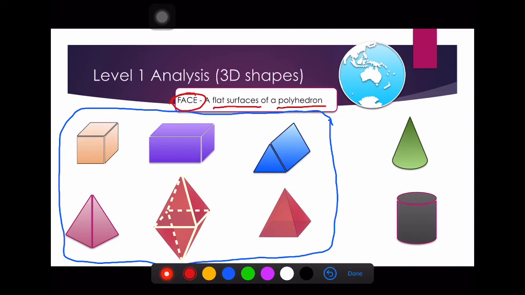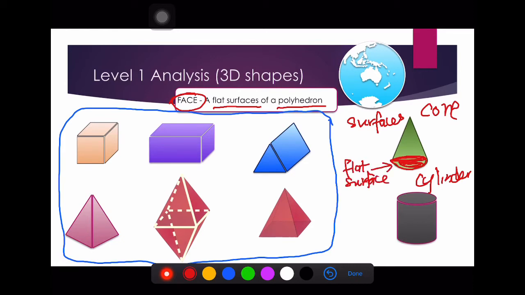Now for cone and cylinder, they don't have faces, they only have surfaces, even though they are flat. Take for example this part here in the cone, which is flat, but we call it a flat surface. And of course this side here is called a curved surface.